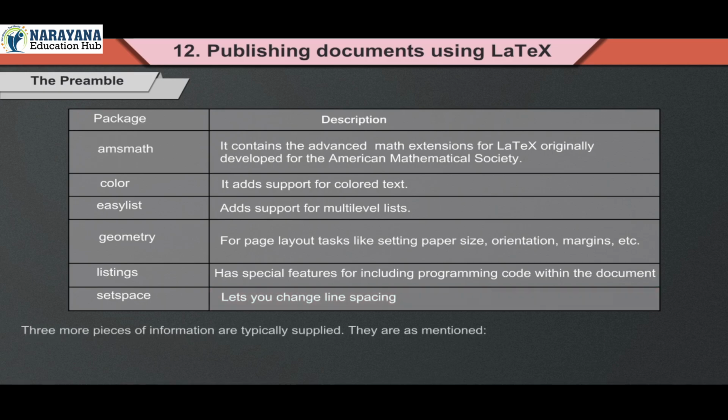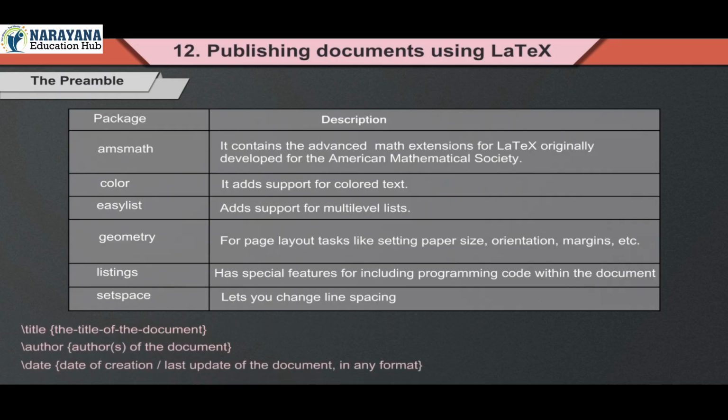Three more pieces of information are typically supplied. They are: \title{}, the title of the document; \author{}, the authors of the document; and \date{}, the date of creation or last update of the document in any format.